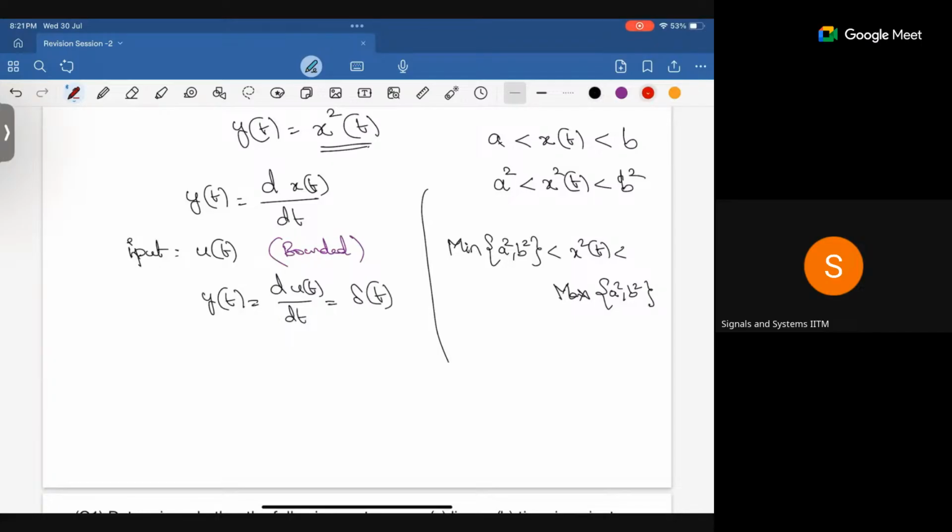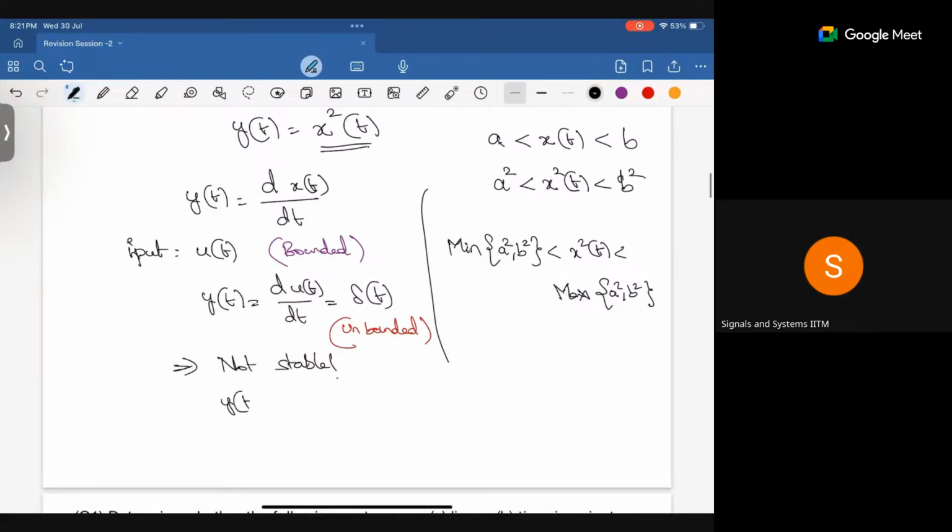And we all know delta of t is unbounded. So this breaks the BIBO condition, which implies this is not stable. Right? Something like this you can check.